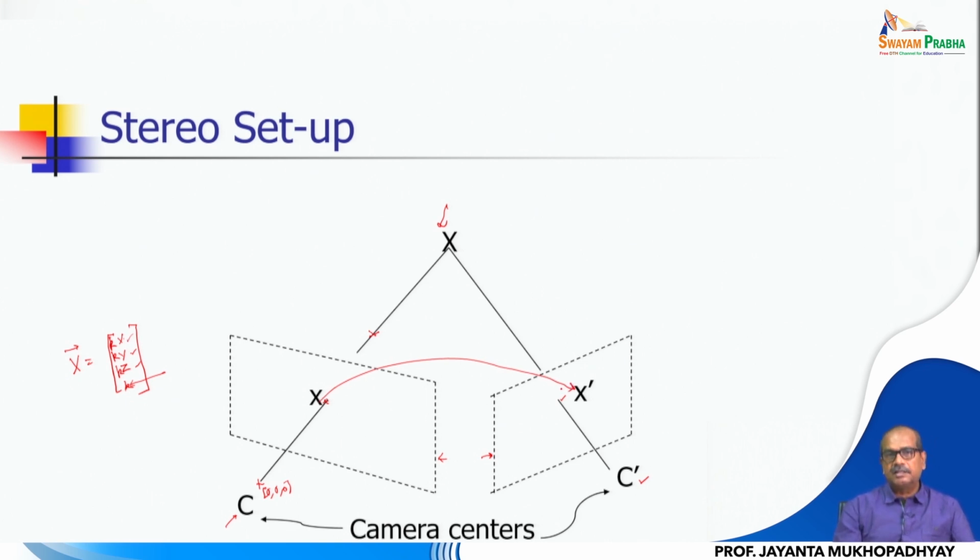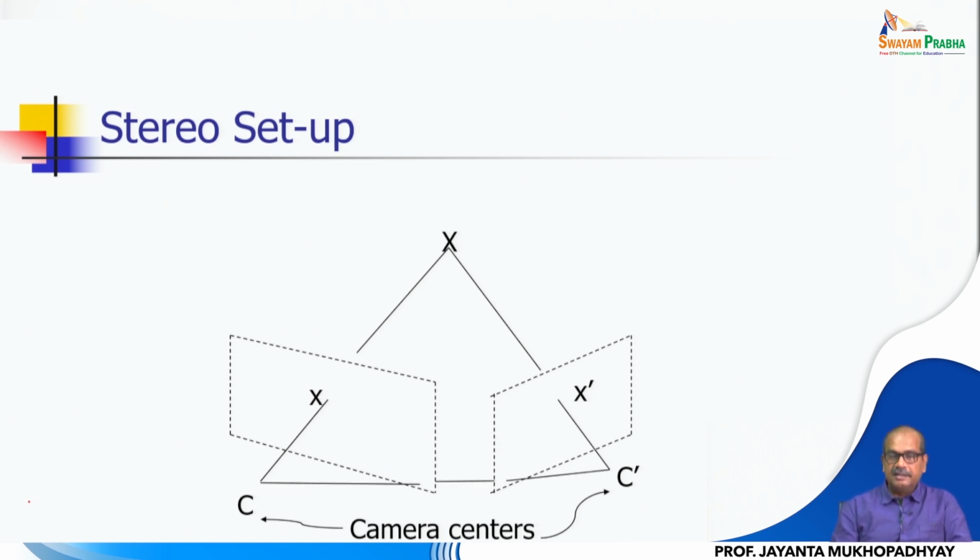So, let us try to understand further the kind of configurations that we are considering here. The line that is connecting the camera centers is called the baseline of the stereo setup, and you can see that this line intersects both the image planes.